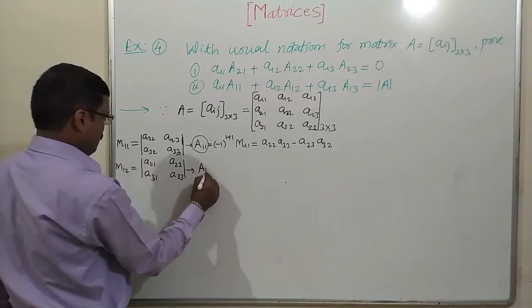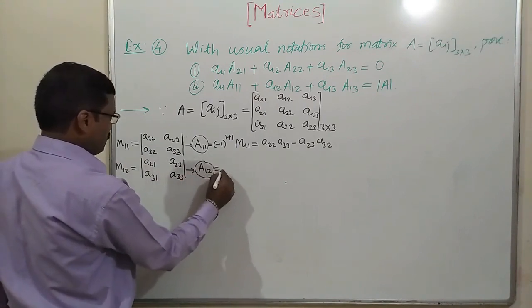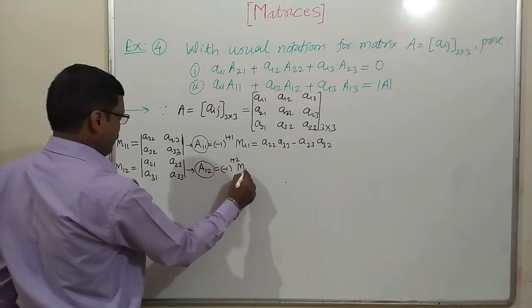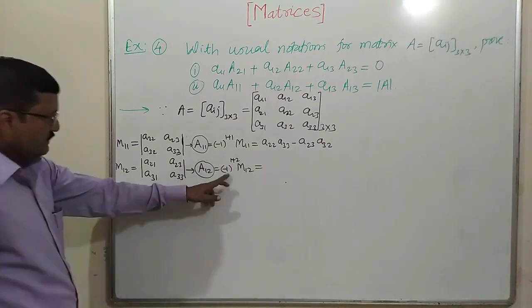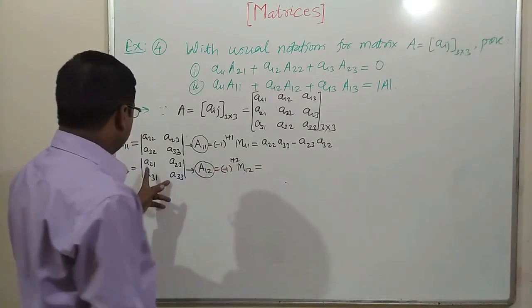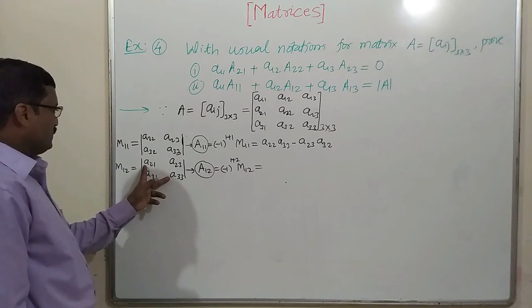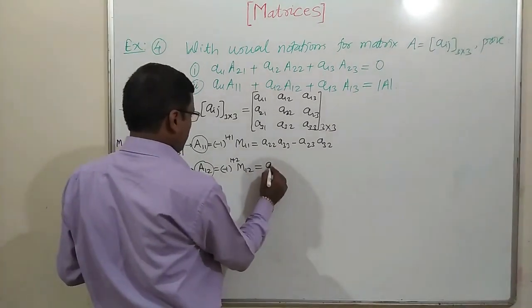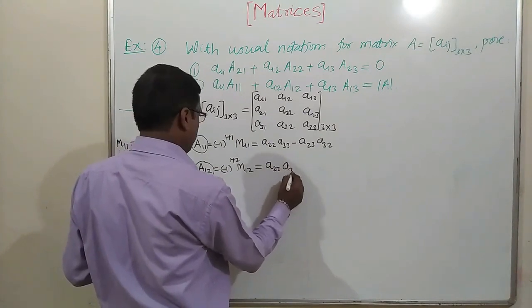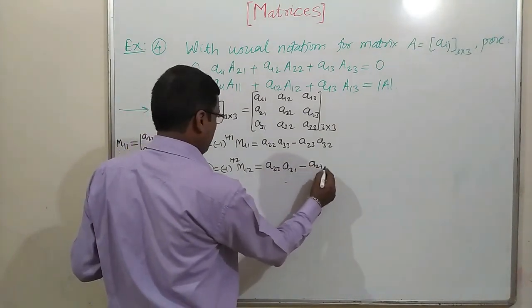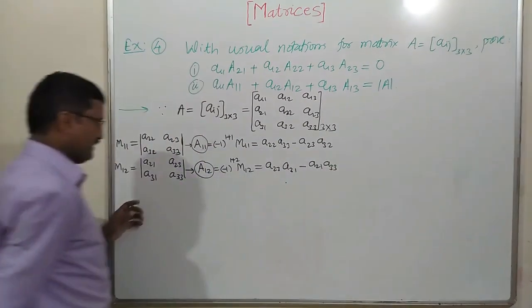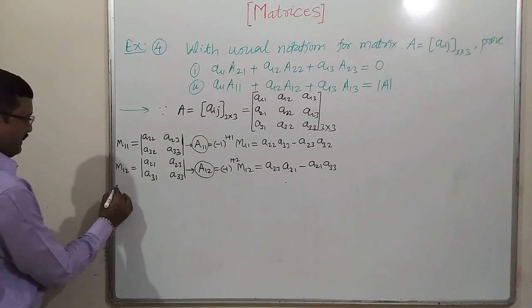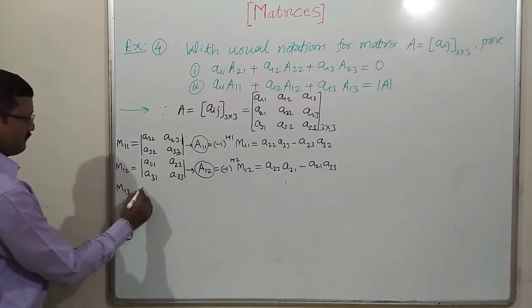This implies A12 is equal to minus 1 raised to 1 plus 2 into M12. This gives us a negative sign, so take the negative of this. So instead of multiplying first this, we will first multiply these two elements, that is a23 into a31 minus a21 into a33. This is A12.